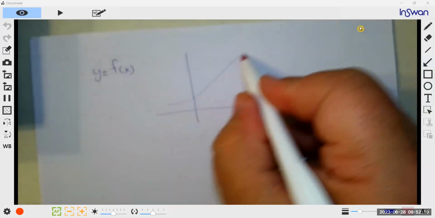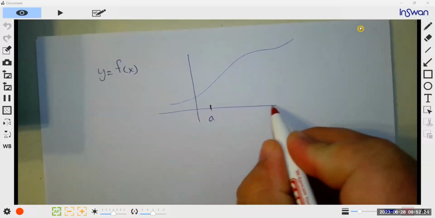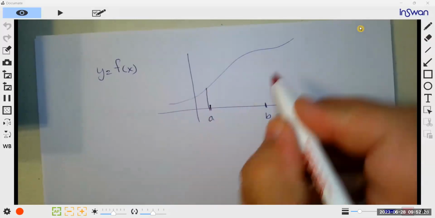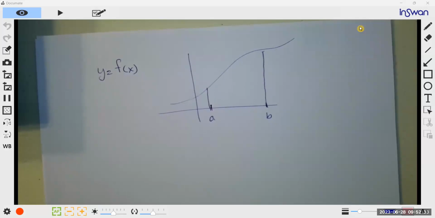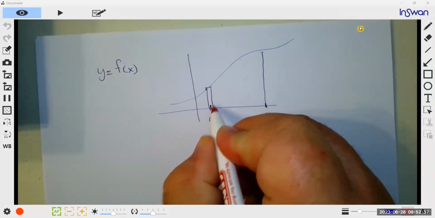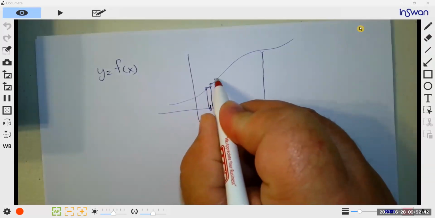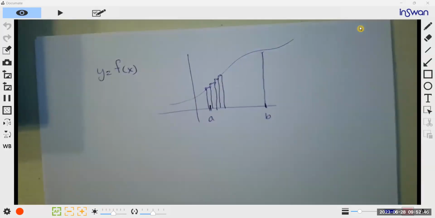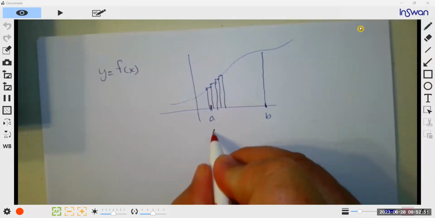So it could be any curve on a closed interval, so we're looking for the area under the curve between A and B. The way we did it was we made rectangles, all equal size rectangles of all these spaces under the curve.